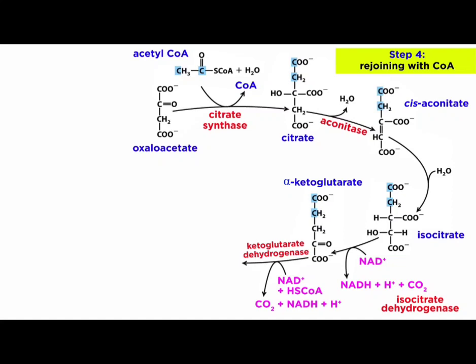Now the alpha-ketoglutarate dehydrogenase enzyme acts on alpha-ketoglutarate and removes hydrogen, and that hydrogen reduces NAD+ to NADH, and one carbon dioxide molecule is released in this step.